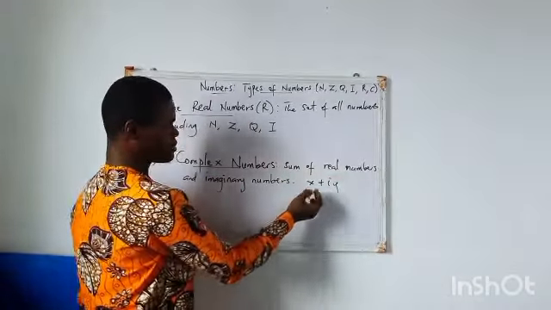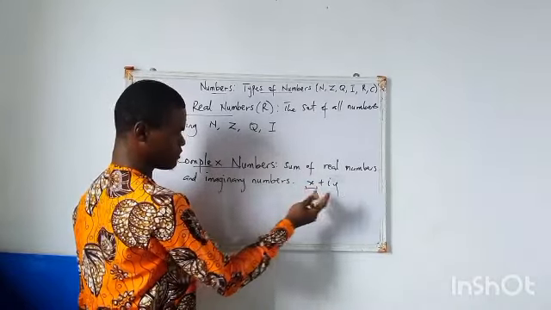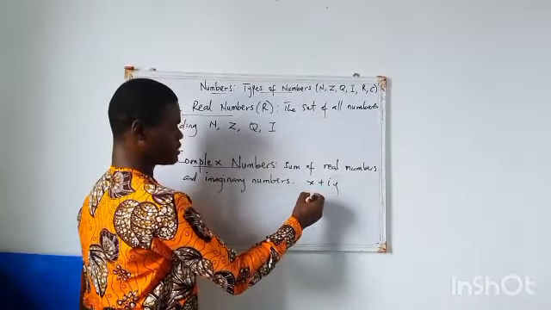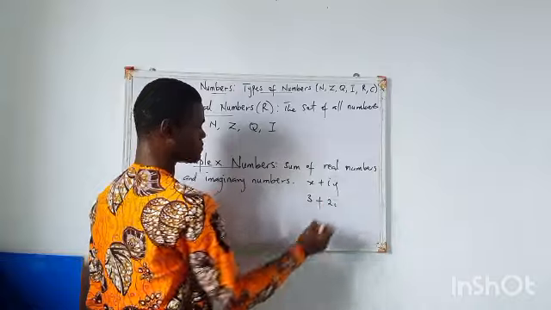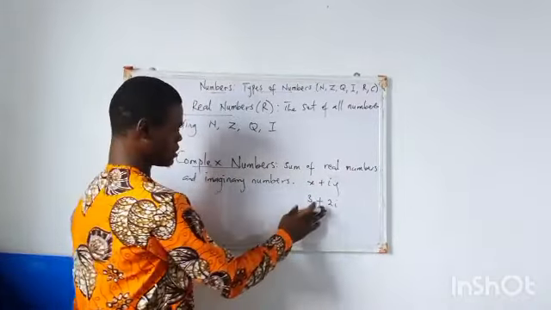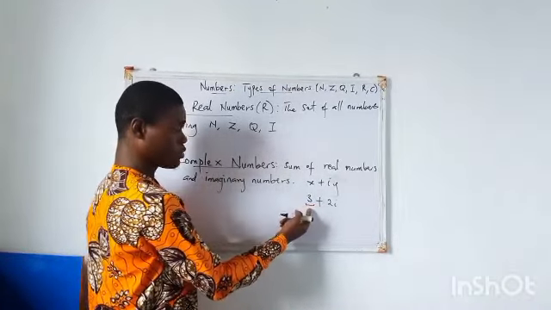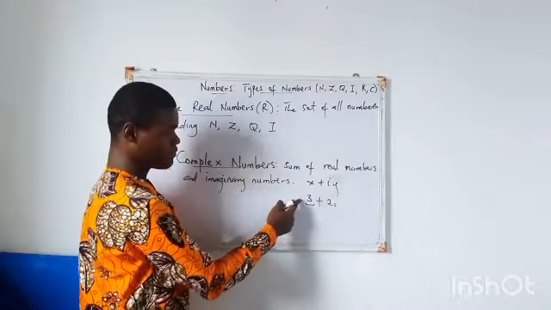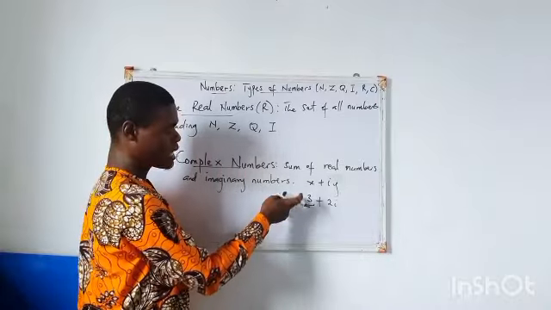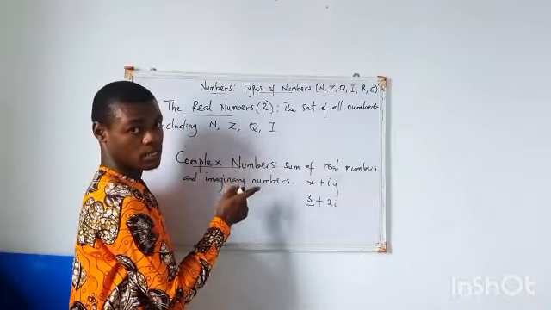Now, let me use a number so that you can understand. Let's say something like 3 plus 2i, or 3 plus i2. This number 3 is a positive whole number, and it falls under real numbers. What kind of real number precisely? Natural numbers, positive whole numbers.